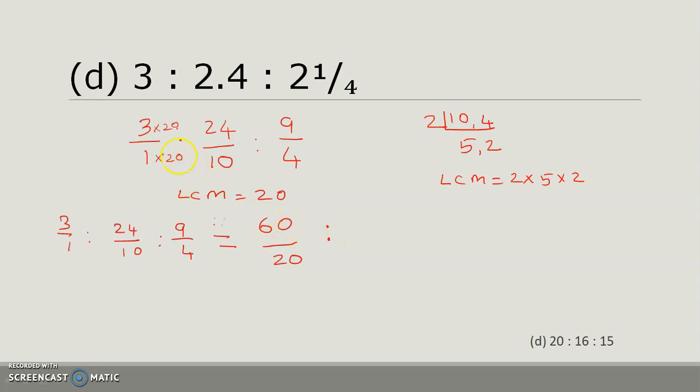Here we are finding the equivalent fraction for all the fractions, which is going to be the equivalent ratio for the given ratio. Okay. Now what should be multiplied by 10 to get 20? 2. So again in the numerator I should multiply by 2. 24 2s are 48. 48 by 20. What should be multiplied by 4?